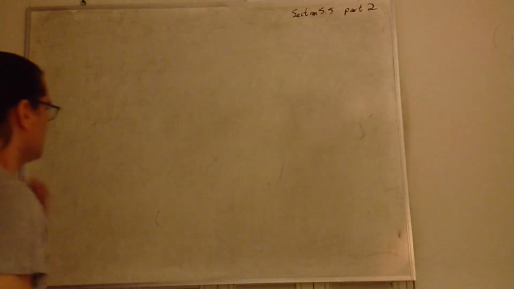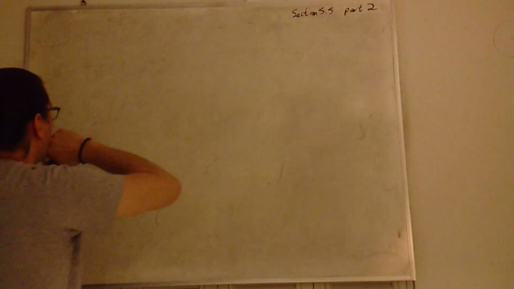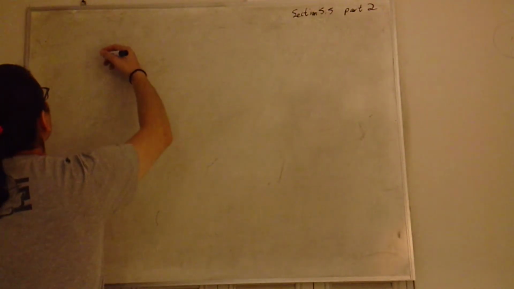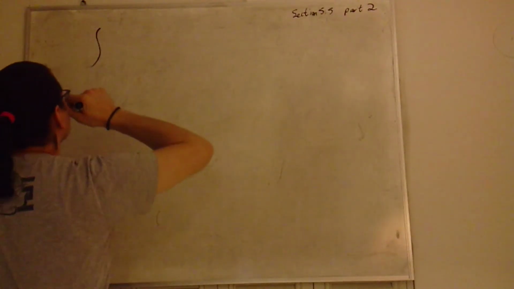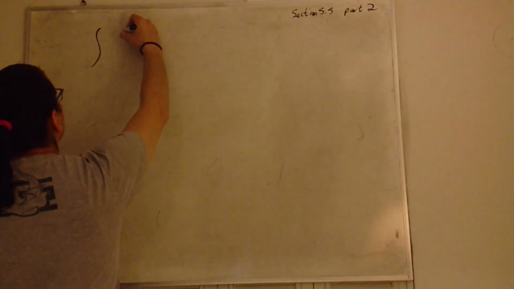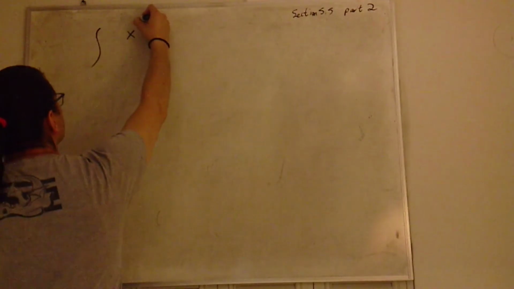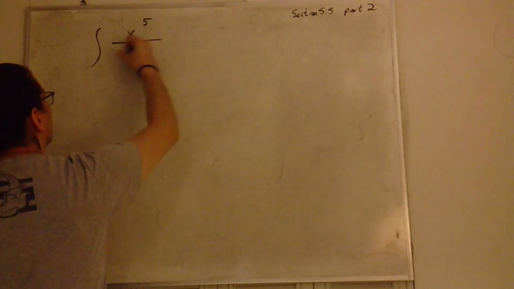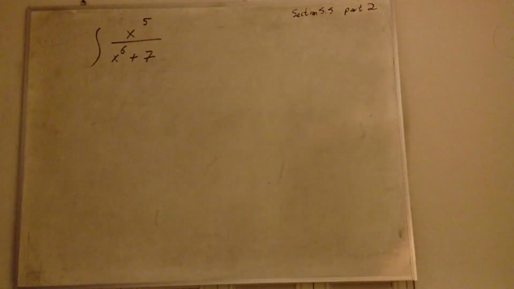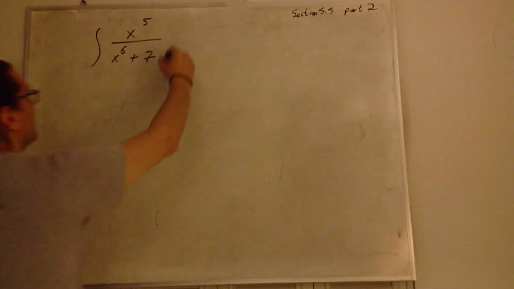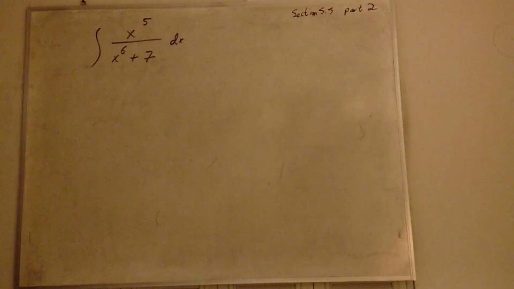Okay, this time let's do the integral of x to the fifth over x to the sixth plus 7. 5, 6, and 7. Seems like a good one. We'll toss the dx in here for good measure.